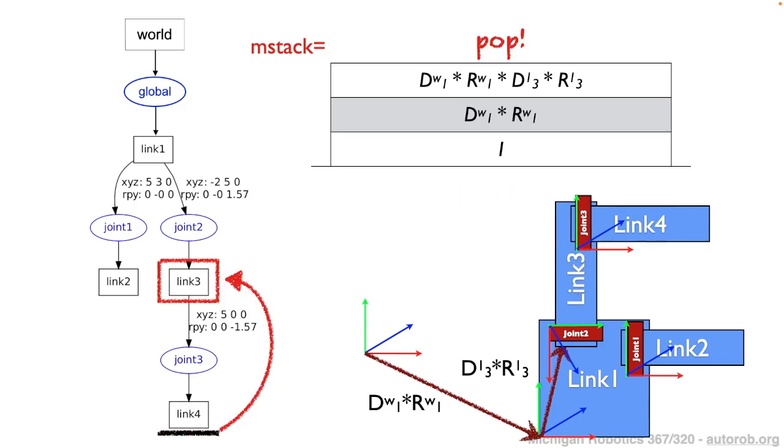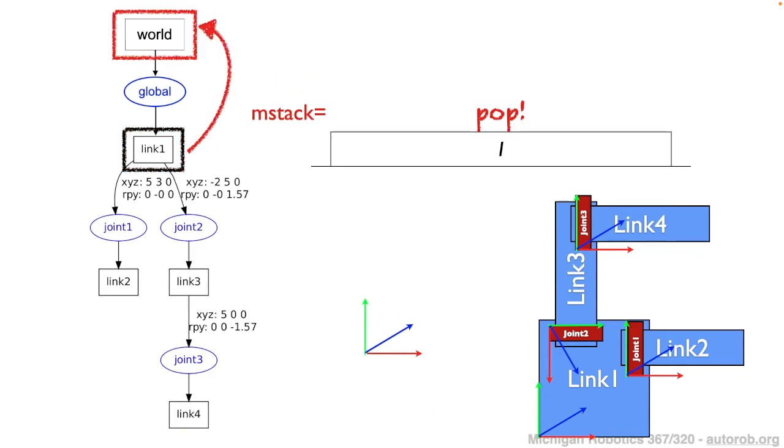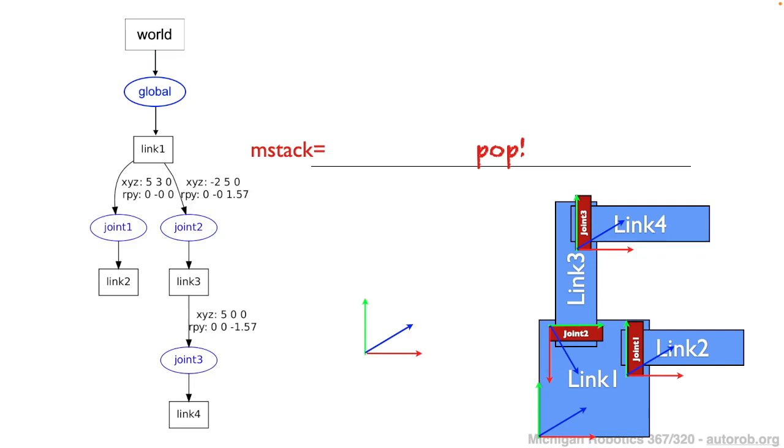And at this point, since we've reached the end of the branch, we'll pop back. We'll continue to pop back since there's no more children of these links until we've reached the root of our tree. And at this point, we will have completed our forward kinematics, and we will have positioned the robot in a valid configuration within the world coordinate frame.